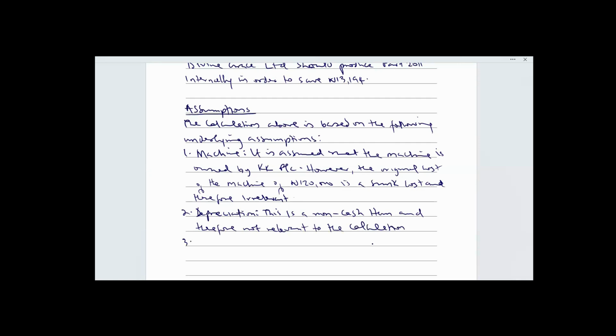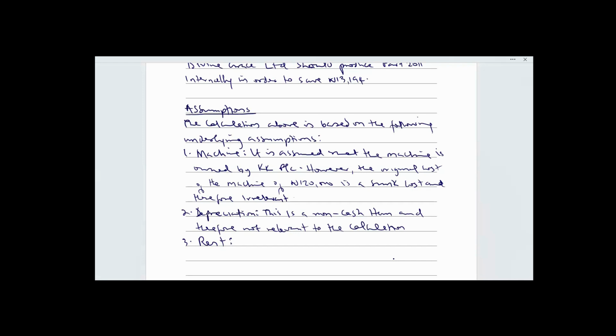Number 3, what other assumption did you make in the question? We ignore rent. So we are going to state that the cost of the rent, 8,000 naira, is an apportionment and not relevant to the calculation. So let's put it down. Rent. Because the examiner told us that the rent is apportioned on the basis of floor space, anything apportioned is irrelevant.